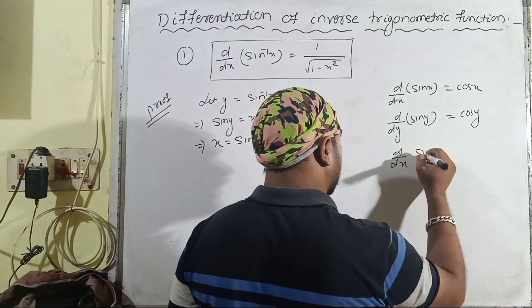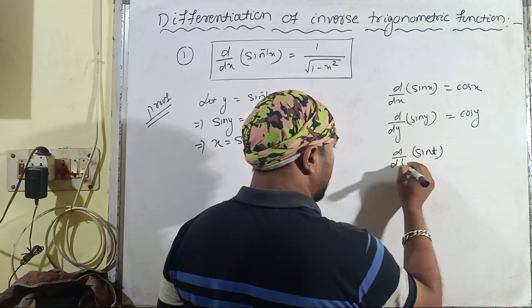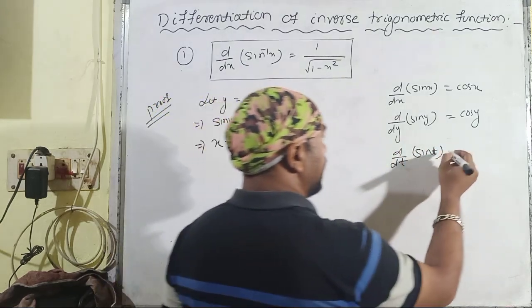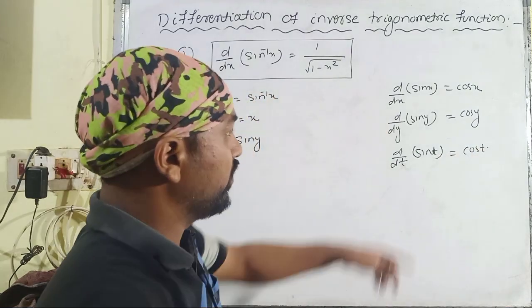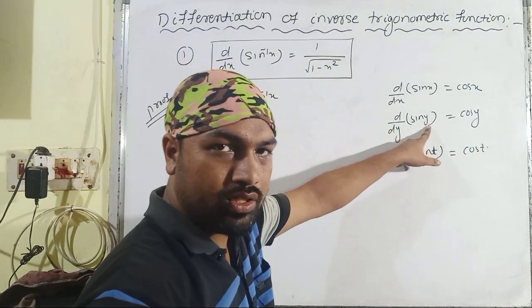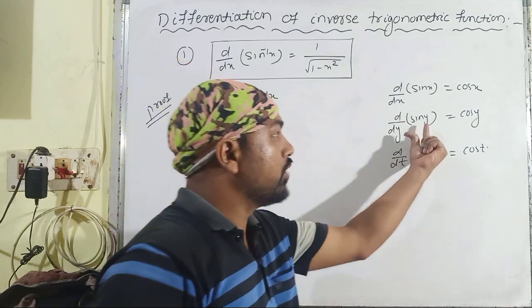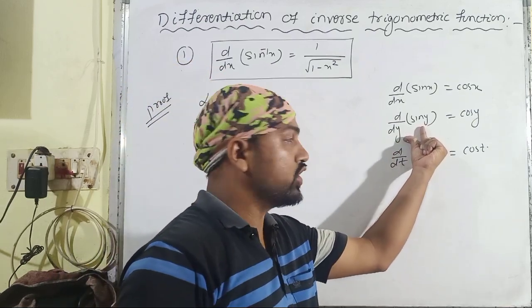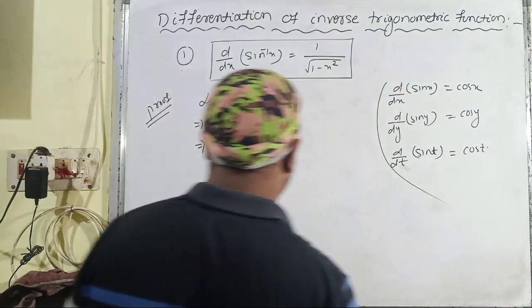Differentiation of sine t with respect to t will be cos t. The trigonometric function is in terms of y, and the operator is also in terms of y, and both of them are equal with each other. So these formulas can be evaluated.